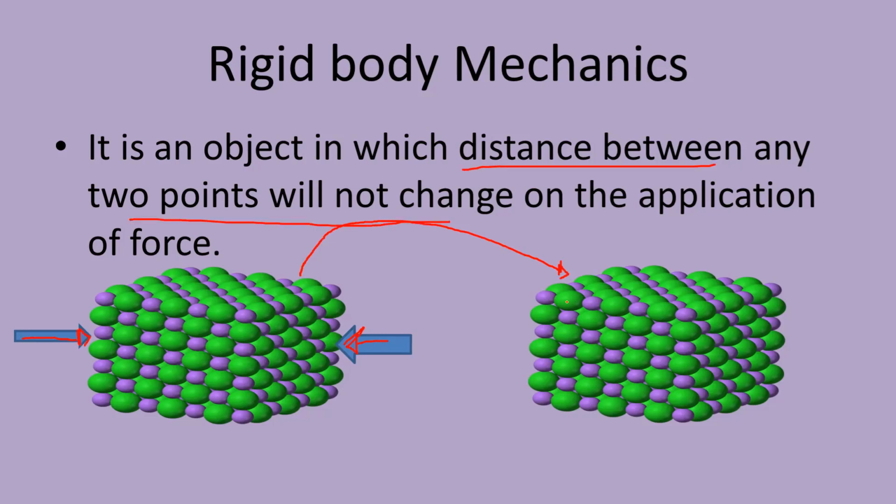So we cannot compress this body even if you apply pull forces. Still we cannot change the distance between any 2 points. So that is called a rigid body. Its shape and size will remain the same before and after application of force.